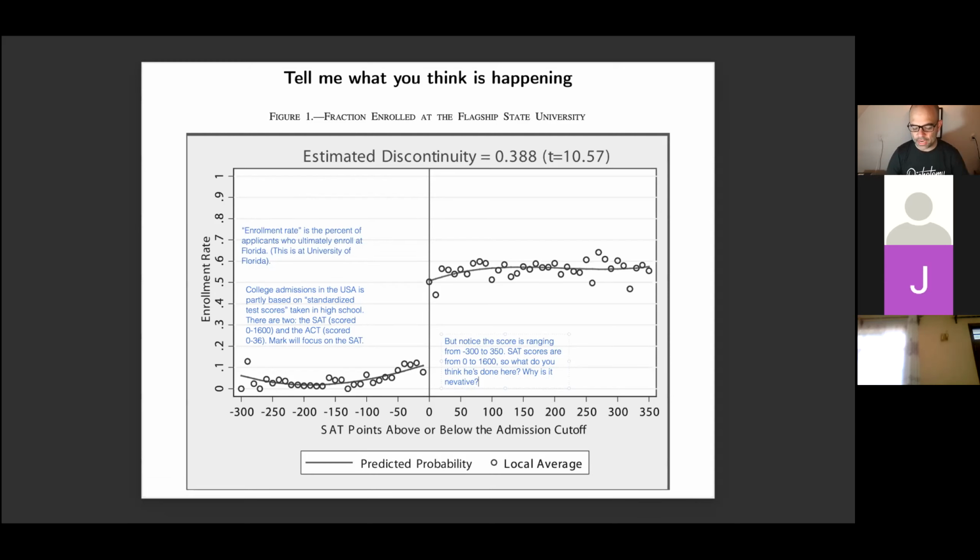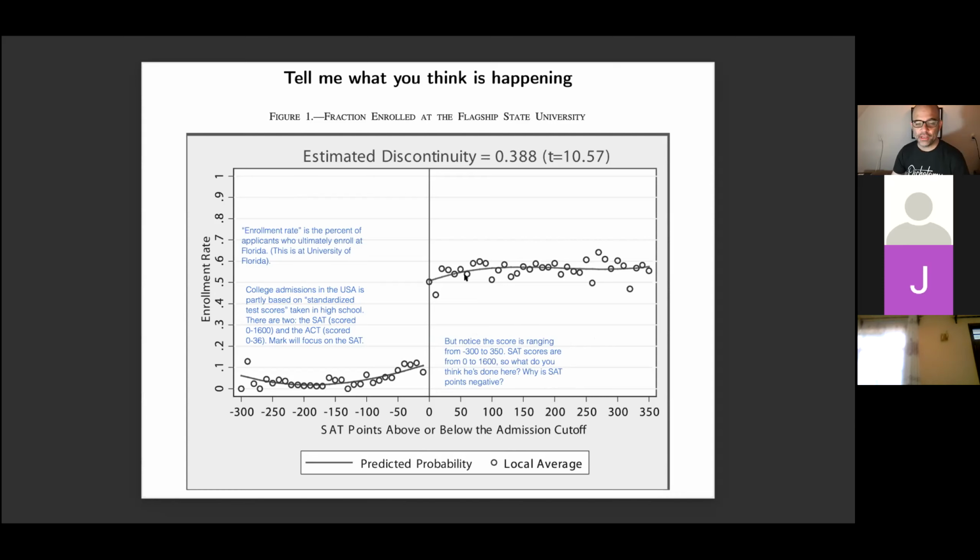Anybody want to guess why SAT points are negative? Yes, I can make a guess. Is it because he used the z-score? The z-score, X minus mean over standard deviation. No, that's close though. That's very close.